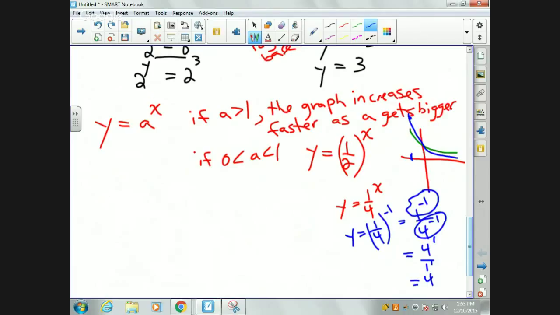Well, this is 2^x. And this one here is y equals, sorry, this is 1/2. Thanks for asking, Jenna. Let's try that again. This is y equals (1/2)^x.